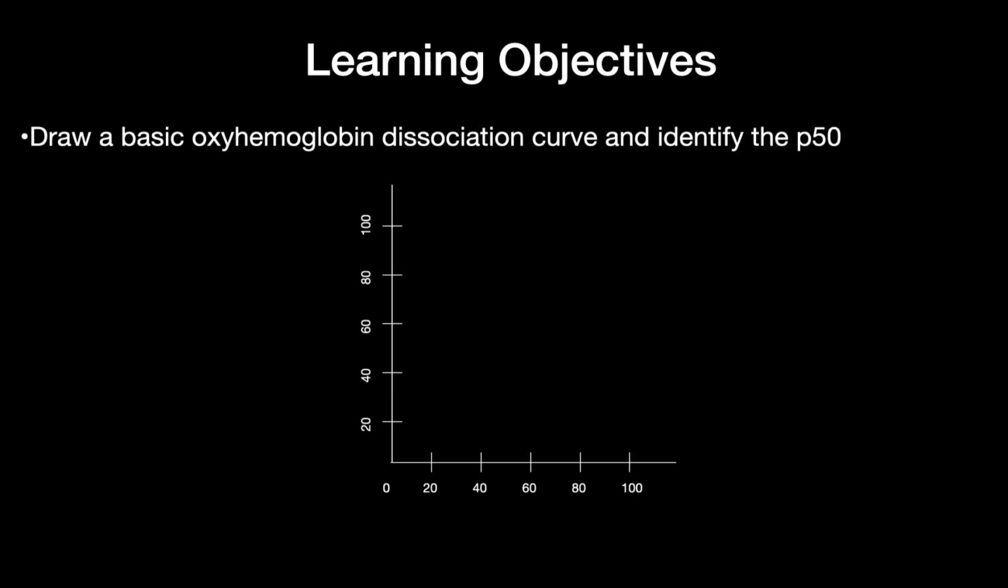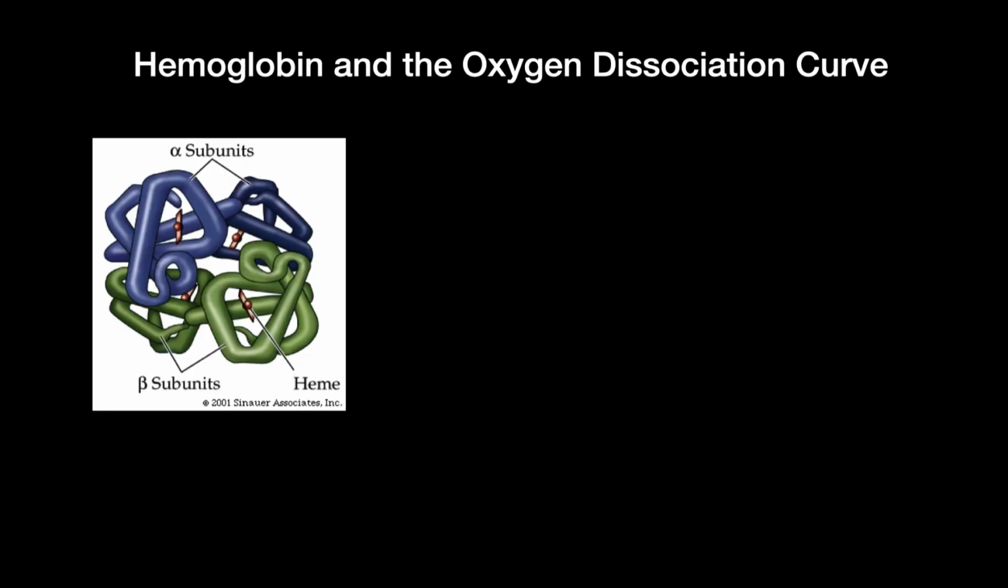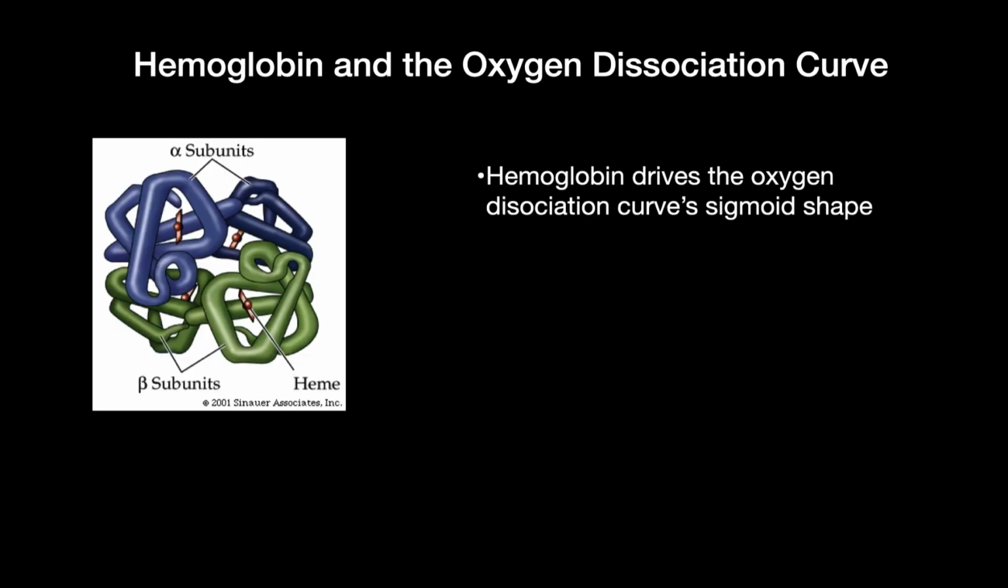Okay, let's draw the curve. You've got two axes. On the x-axis, you have PO2. On the y-axis, you have hemoglobin bound to oxygen, the oxygen saturation. And you've got this beautiful curve. Where does that sigmoid curve come from? Well, that is all about hemoglobin. Here's what you need to know about hemoglobin.